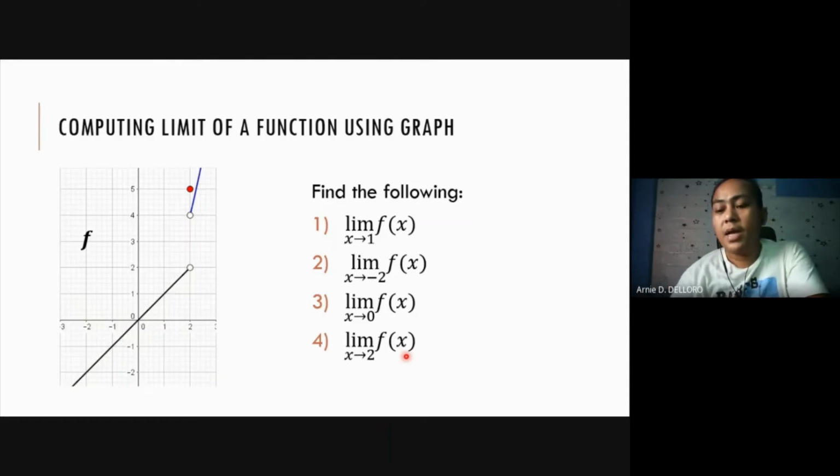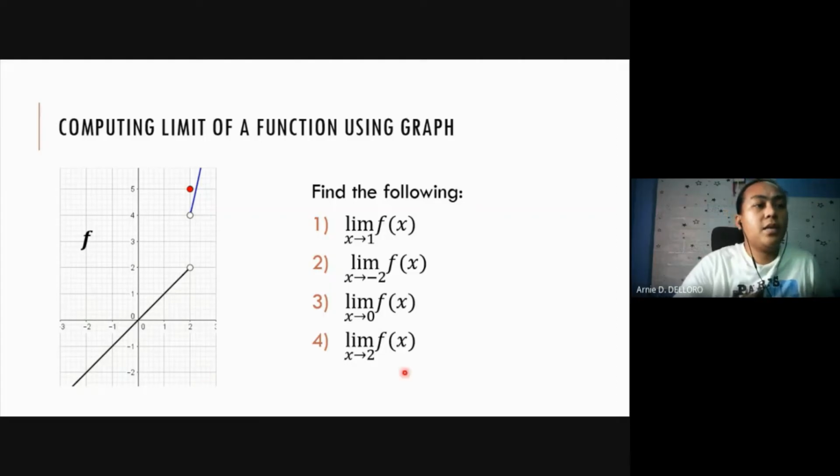O, tandaan, sabi natin, the limit of the function exists if the limit from the left is equal to the limit from the right. Okay? Now, in this case, the limit of f of x as x approaches 2 from the left, papunta or mula dito sa left, ito yung tinutumbok ng function.